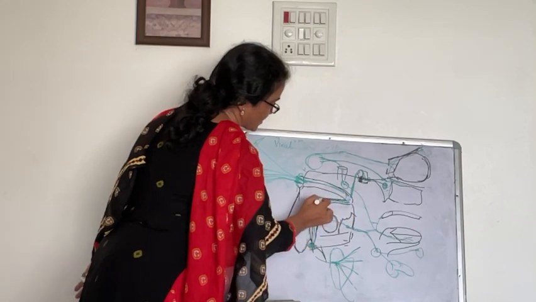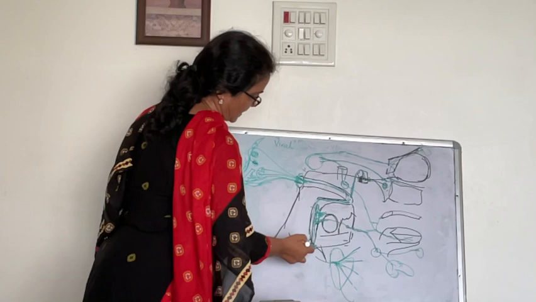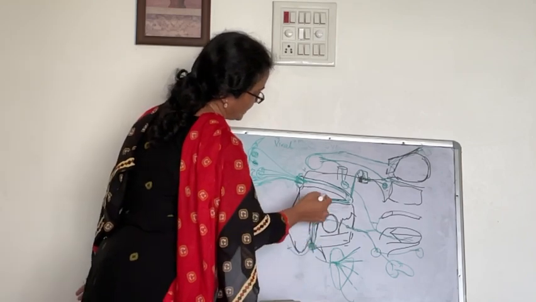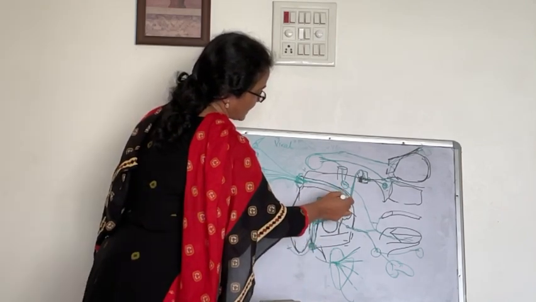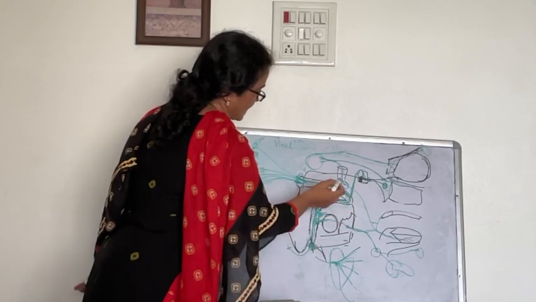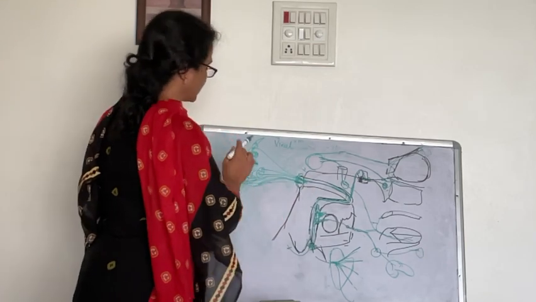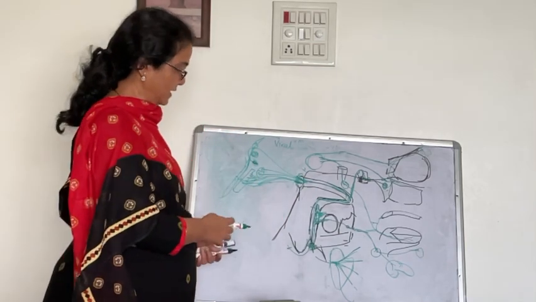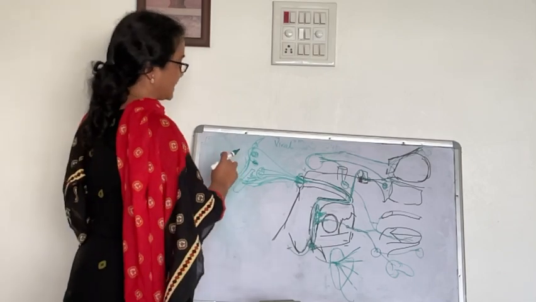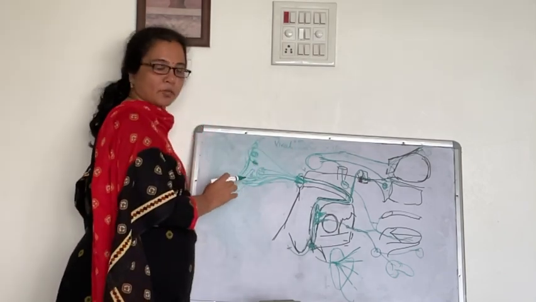The peripheral processes come from the auricular branch of the vagus nerve, which has a communicating branch to it. Then it also carries proprioceptive sensations, and the central processes will go and relay into the spinal nucleus of the trigeminal nerve. So these are the causes of upper motor as well as lower motor neuron paralysis.